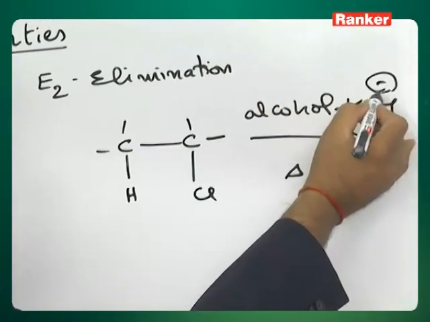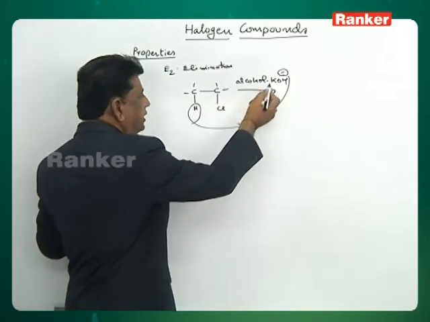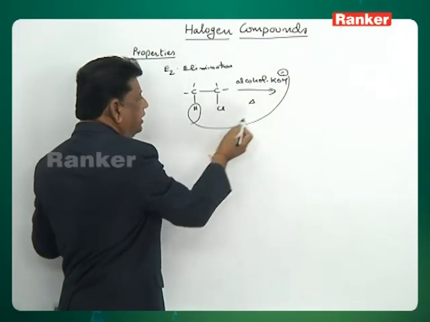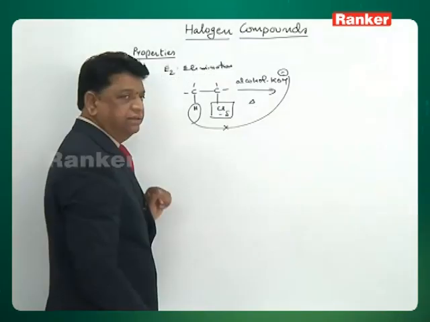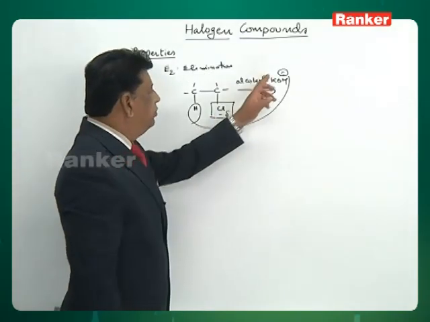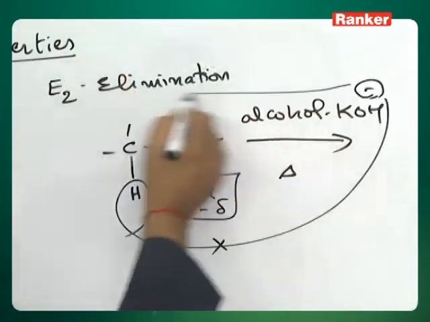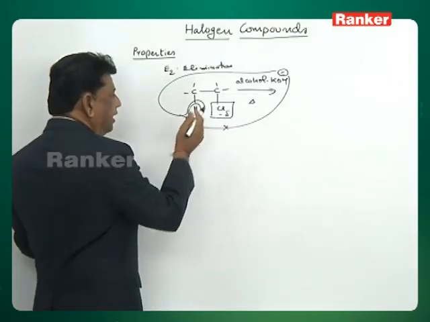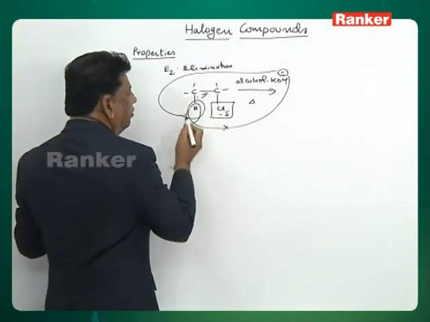This OH minus will come and grab this hydrogen, however. So, if it comes from the side of the Cl minus, it will have some opposition, the negative repulsion. So, leaving except from this side, it can come from the other side and can grab this H plus. These 2 electrons will go to this bond. Why only this bond?